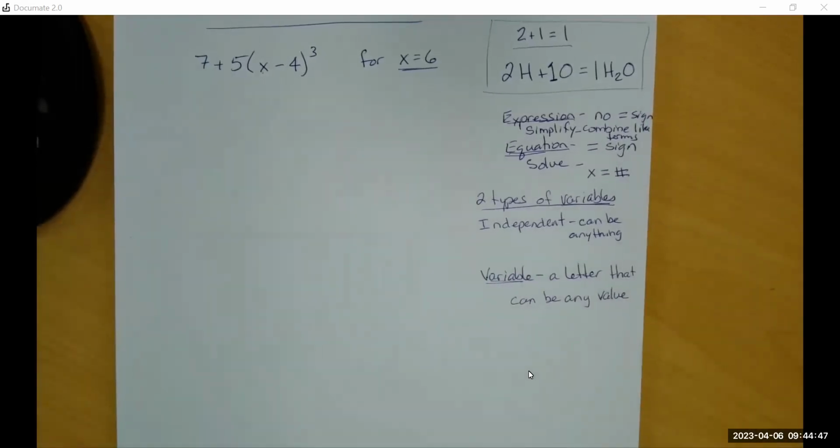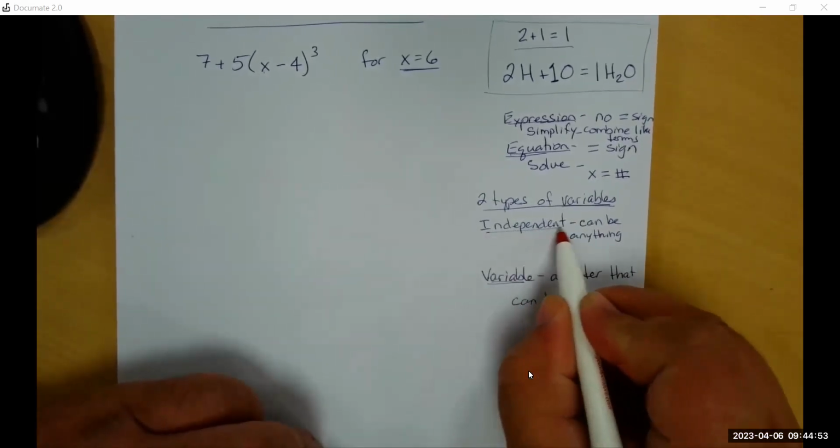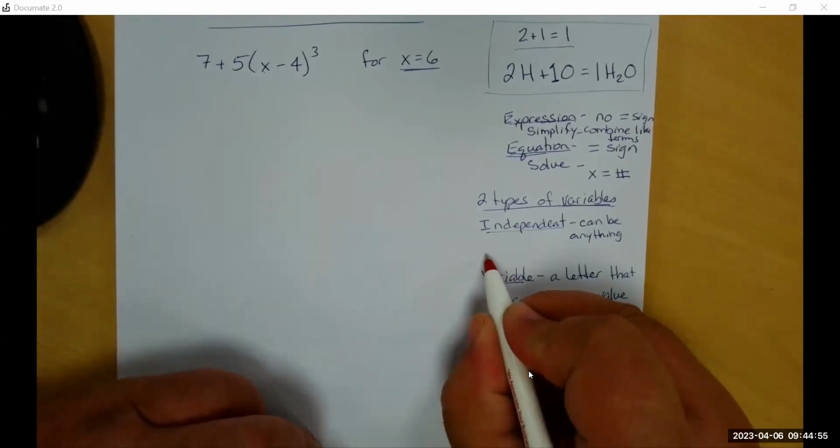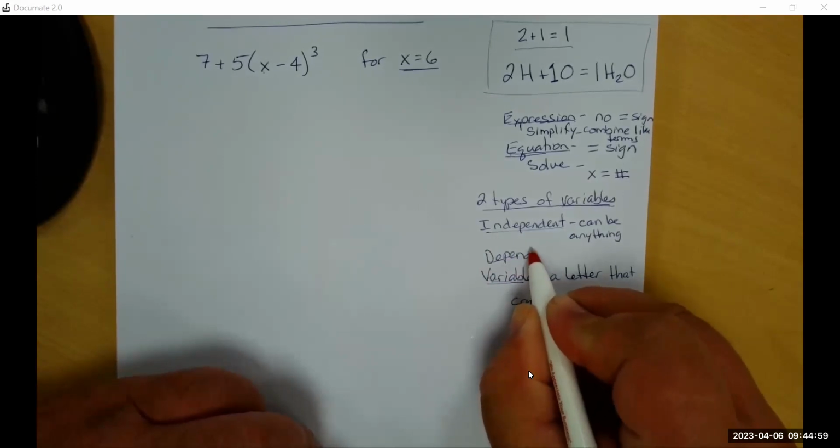You can pick any value you want to and put it in that variable. So what's the opposite of independent? Yep, the second one is called a dependent variable.